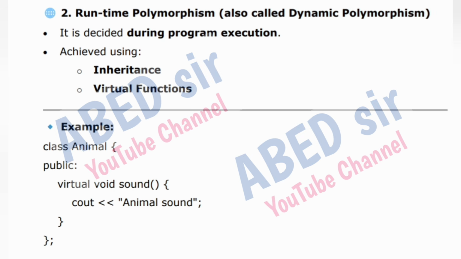2. Runtime polymorphism, also called dynamic polymorphism. It is decided during program execution. Achieved using inheritance and virtual functions. Example: class animal, public, virtual void sound, cout animal sound.